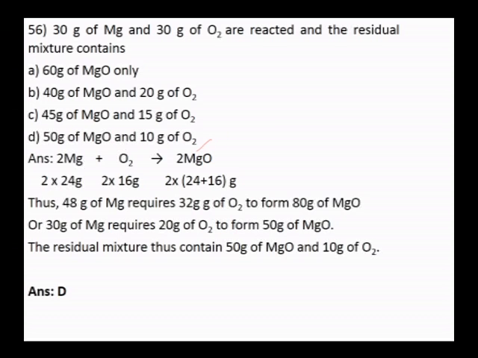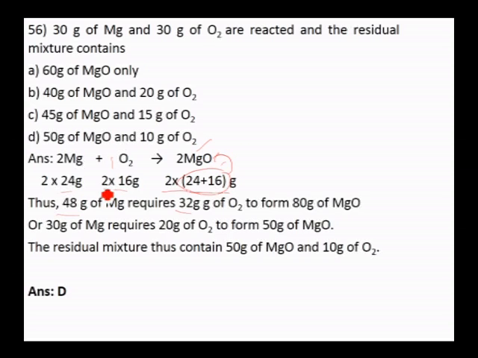From the equation 2Mg plus O2 gives 2MgO, 2 moles of magnesium, that is atomic mass of magnesium is 24, and therefore 2 into 24 grams of magnesium, that is 48 gram of magnesium, will combine with 1 mole of oxygen, that is 2 into 16 grams or 32 gram of oxygen, during which you get 2 into 24 plus 16, that is 40, the molar mass of MgO.